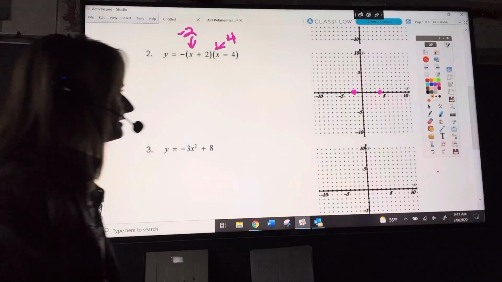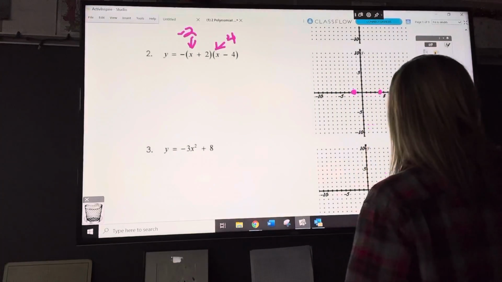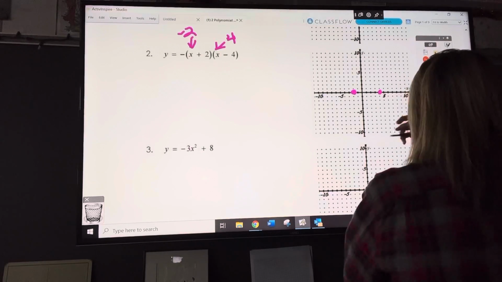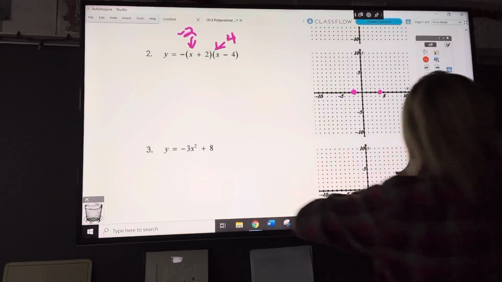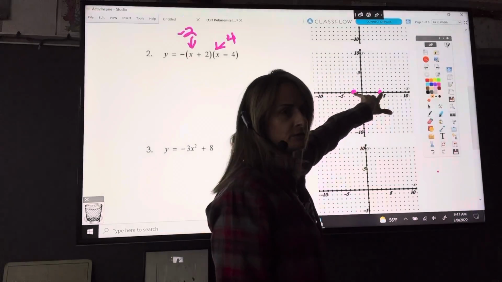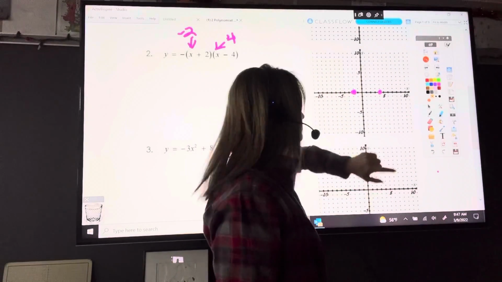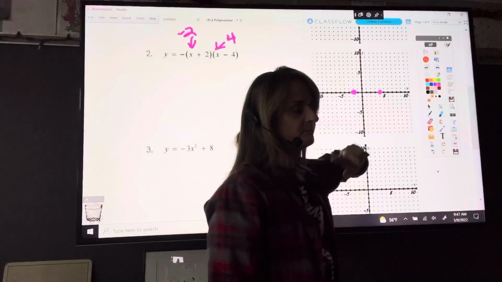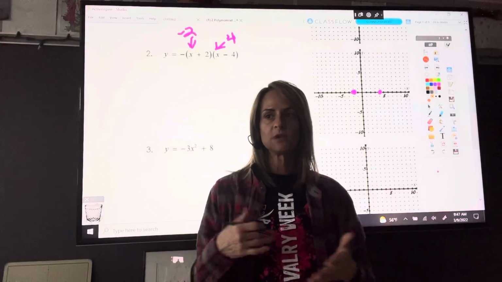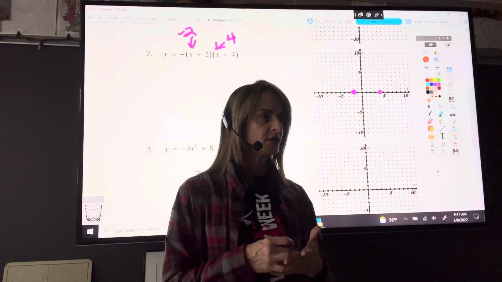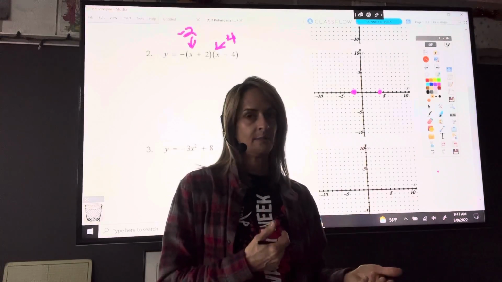Now, to find your line of symmetry, really all we need to do to find the vertex is average these two numbers. So we're just going to take these values and make p plus q divided by 2. Just add them up. That's how we average any numbers. If you're given two numbers and you're asked to find the number in the middle of them, you add them up and divide by how many there are.